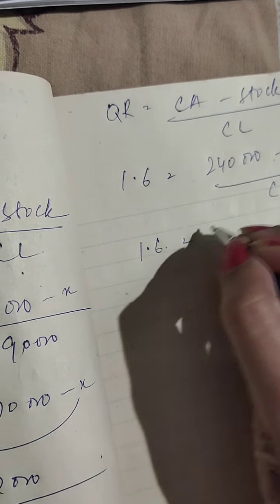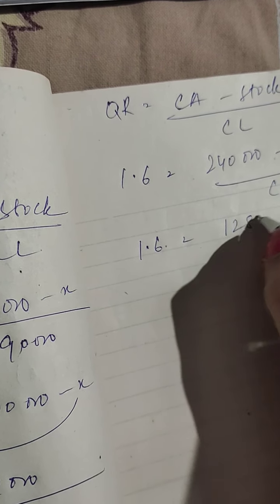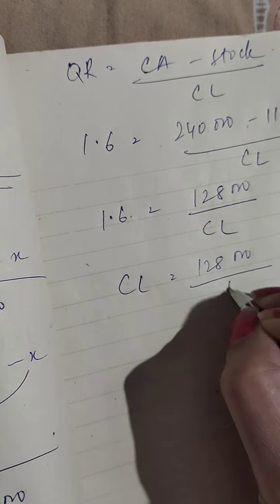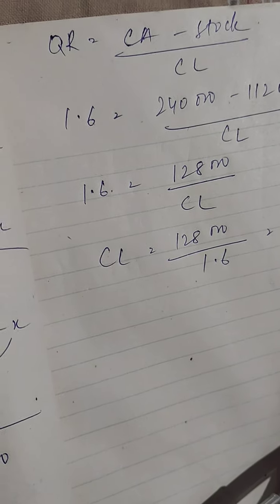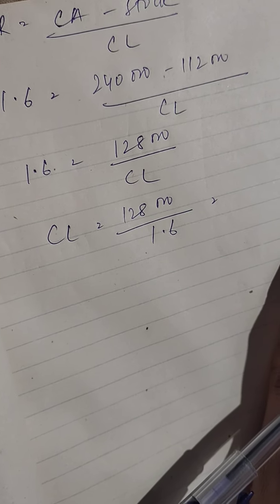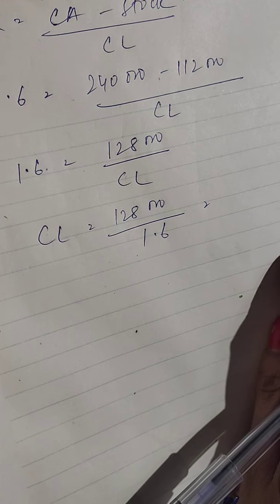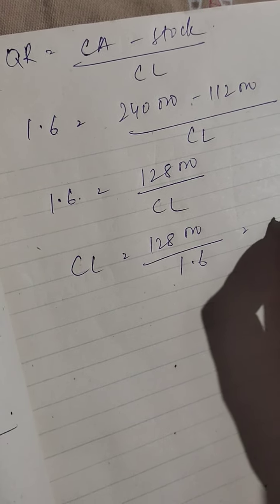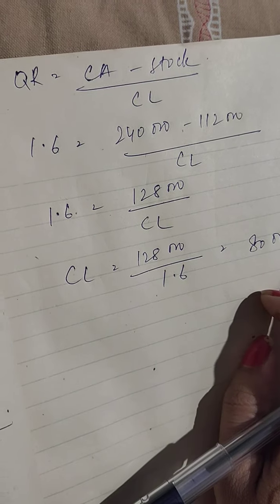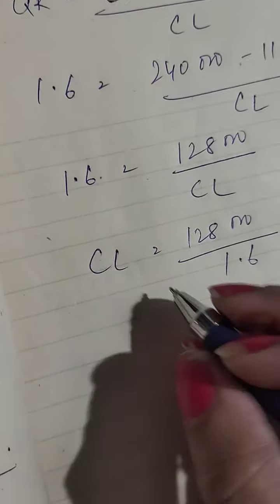So 1.6 is equal to 128 upon CL. So CL is equal to 1,28,000 upon 1.6. Please calculate this. It will come out to 80,000.